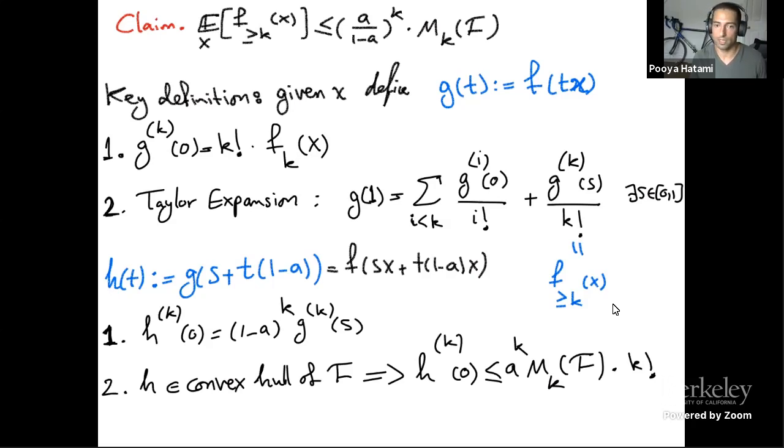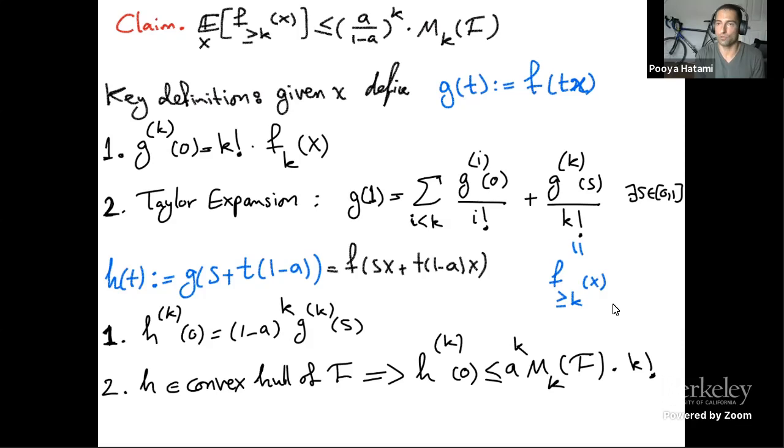And what this allows us to do is to use this kth level bound, because we know that HK is this GK of S. So we can use these kth level bounds on MK, and we have this a to the k. So for each function that appears in the convex hull, we apply this MK bound.